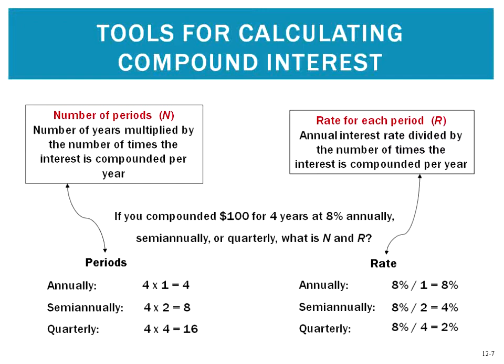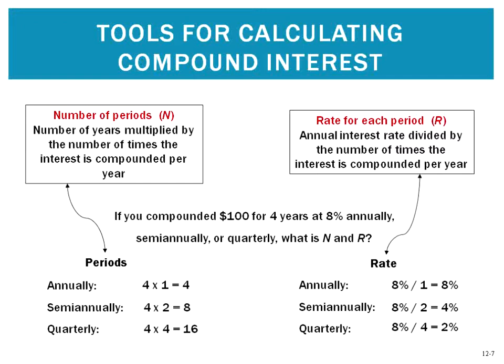That's step number 1. Step number 2, if you're multiplying the number of periods, you have to divide the rate. So annually, it's 8 divided by 1, which is 8. Semi-annually is 8 divided by 2. So you multiply the periods by 2, but you divide the rate by 2. And quarterly, you multiply by 4 for the periods, and you have to divide by 4 for the rate. Here's why.